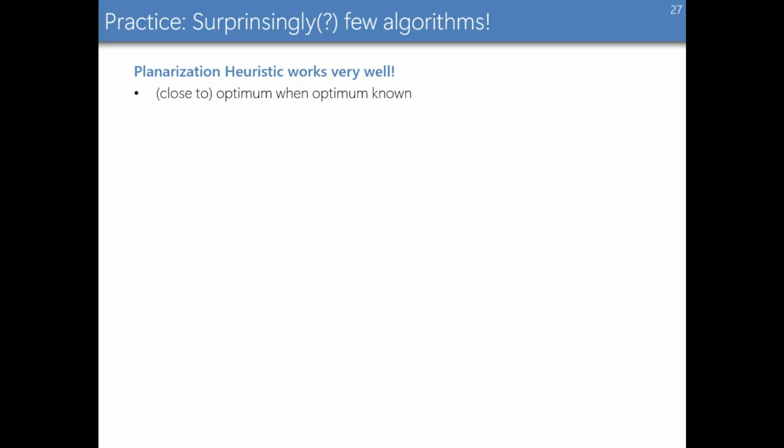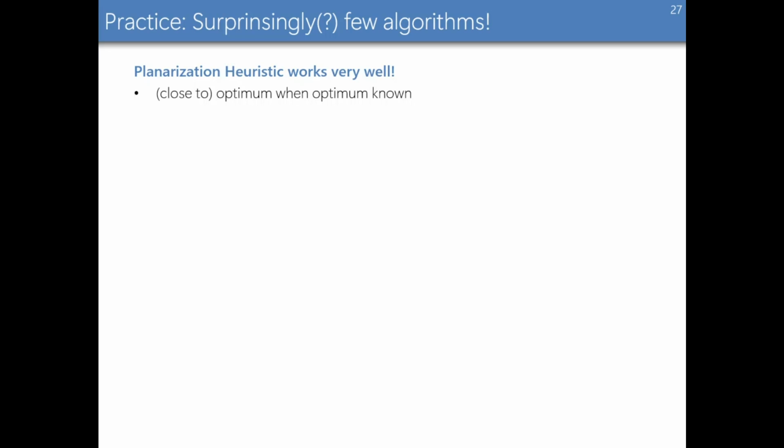So let me quickly summarize how all of these algorithms behave in practice. We already said that the planarization heuristic, which just removes the edges that ruin the planarity for you and then just reinserts them one after another, is a very, very good heuristic in practice.